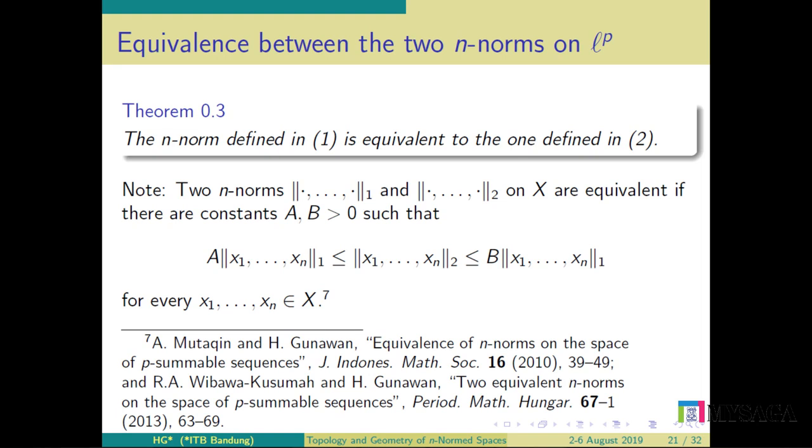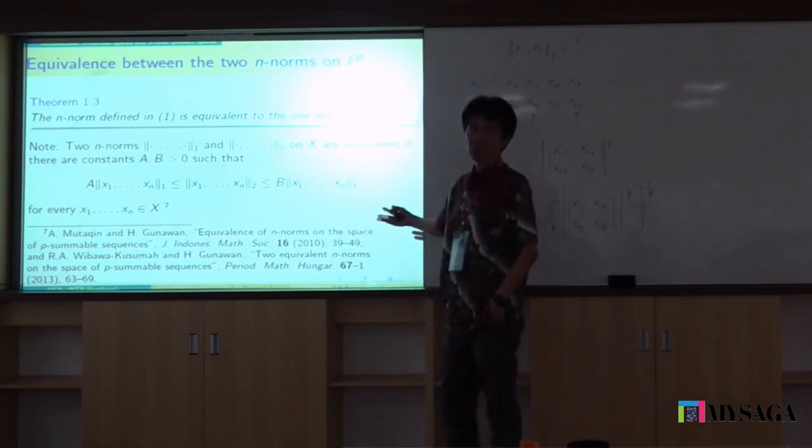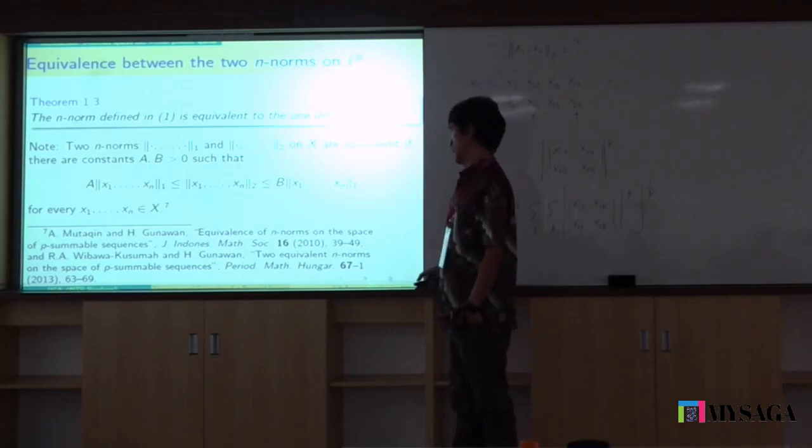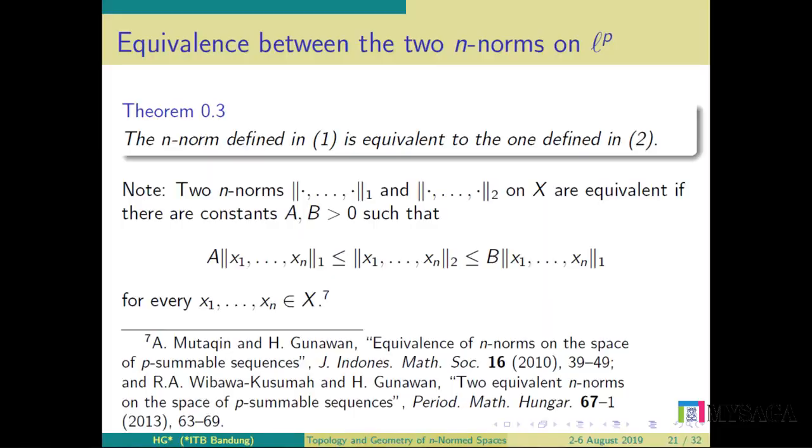And these were written by myself with my master student at the time, in 2010, and also 3 years later with my other student. So we got a stronger result. The first one used sequential equivalence. The second one we really obtained the value of a and b. We obtained the value of a and b.